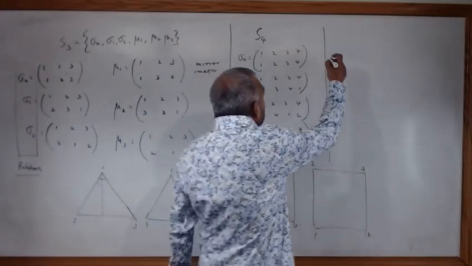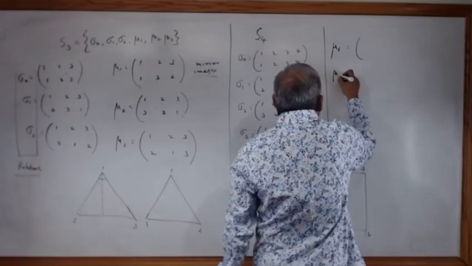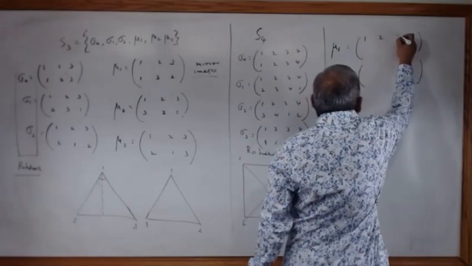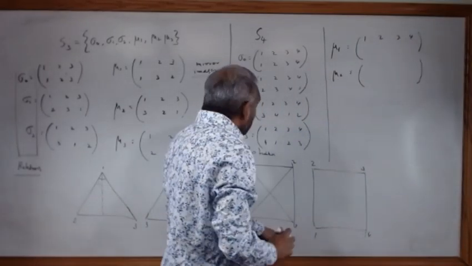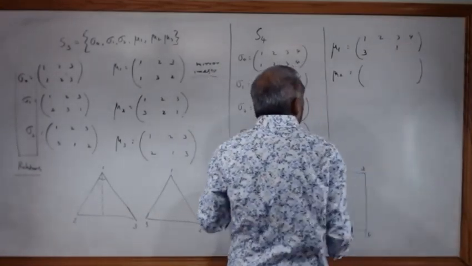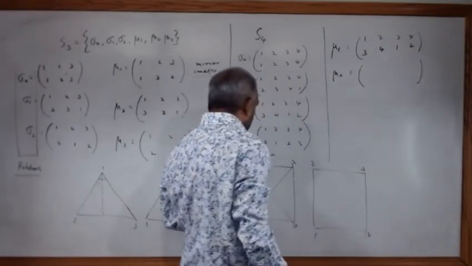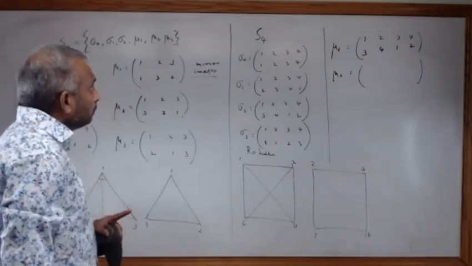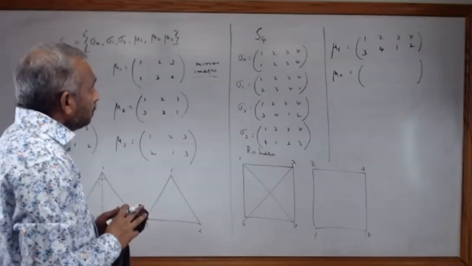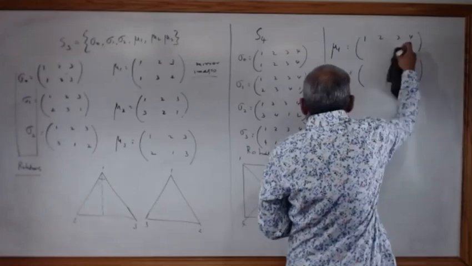So for the mirror images, mu 1 angle bisector is going to be like this. Mu 2 is going to be like this. 1, 2, 3, 4. 1 goes to 3 and 3 goes to 1. No, not like that, I'm sorry.